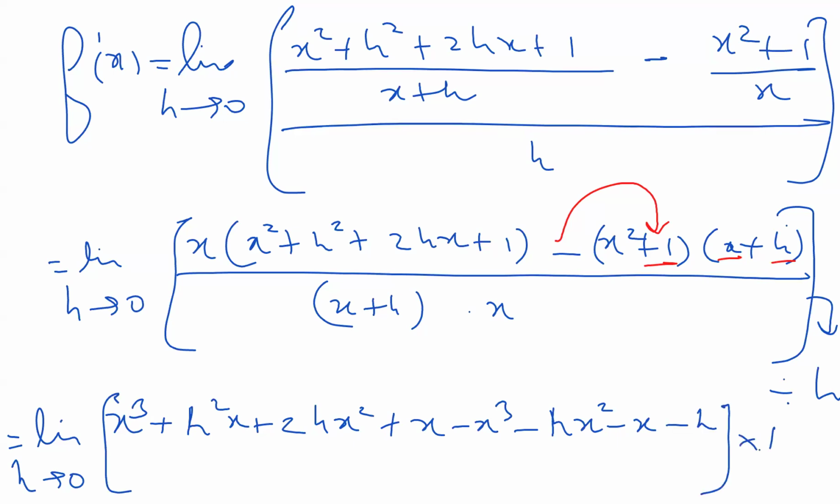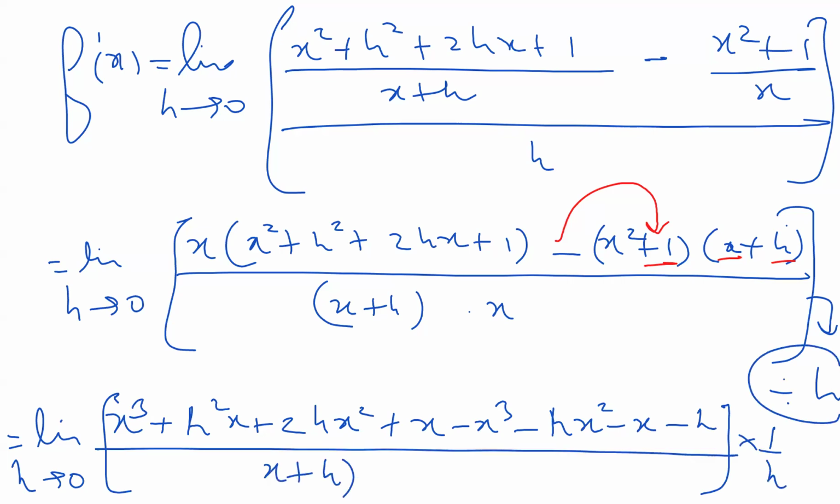Okay. So this will be into 1 upon h, division became multiplication, and down it will be x plus h into x. X cube and x cube is gone, x is gone. Okay. So now if you take a good look at this, right, one more term is left to be cancelled, h square x, h square x is gone. So only 2hx square minus h, this term is left in the numerator.